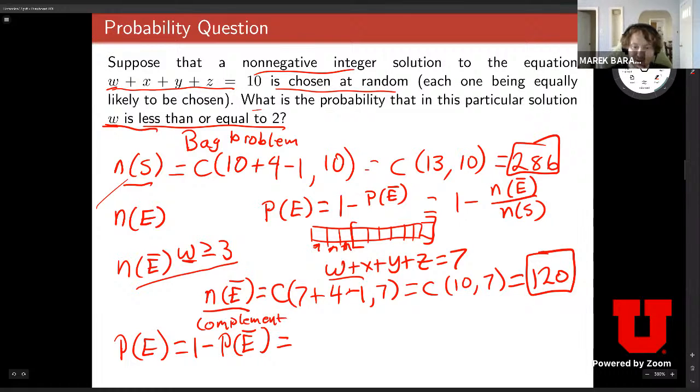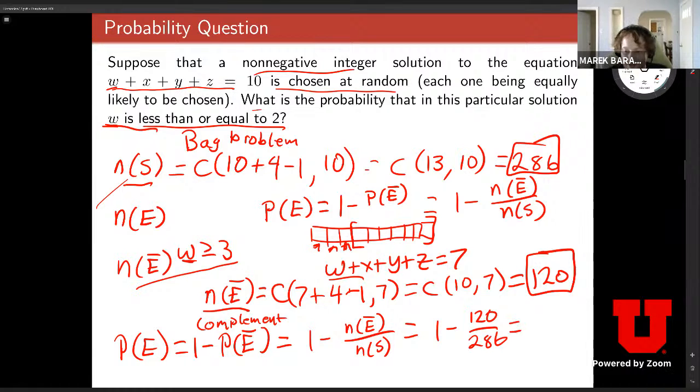That is equal to 1 minus the number of not events divided by the number of samples. And that's equal to 1 minus 120 over 286.